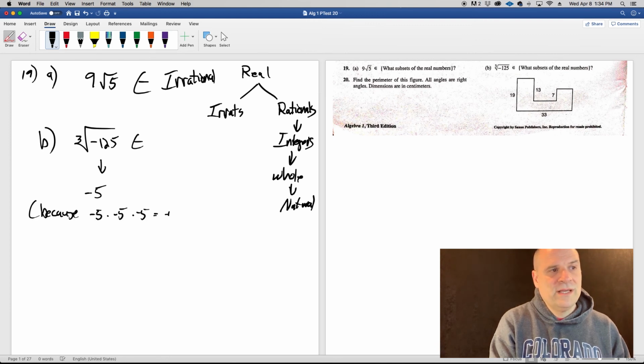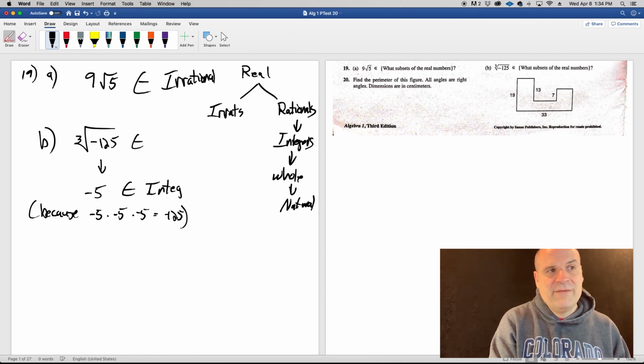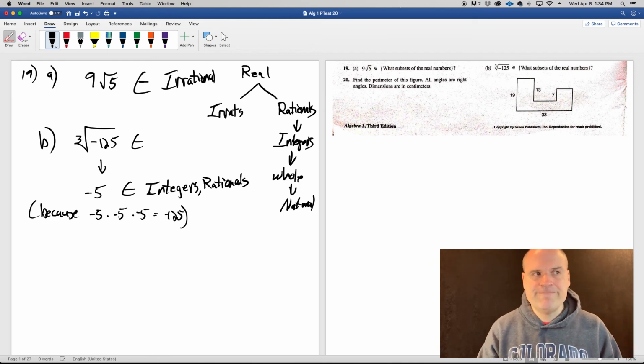It equals negative 125. So this is just negative 5, and that's just an integer. So if it's an integer, then it's everything above integers, so it's rational numbers as well. Okay, that's 19A and B.